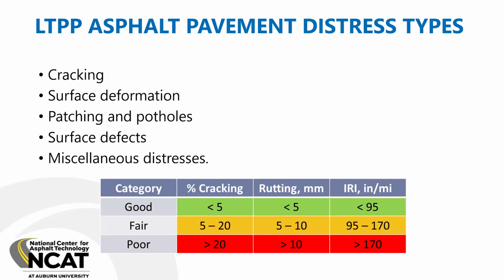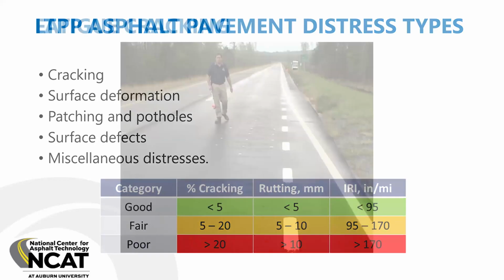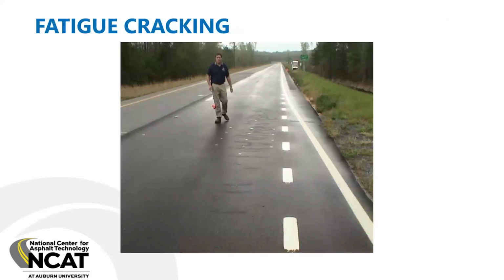It simplifies condition to percent of the lane area cracked, the rutting that you measure, and the smoothness that you measure, the International Roughness Index, or suspension travel in inches per mile for the Gold Car computer model.